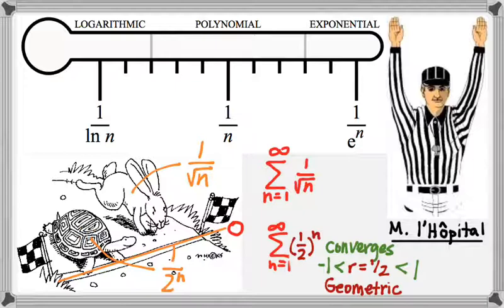In fact, we can also say what it converges to with our formula, first term over 1 minus the ratio. So if we cared, we could say that this converges to the first term, which is 1/2, over 1 minus the ratio, which is 1/2, is equal to 1. But maybe we don't care right now.